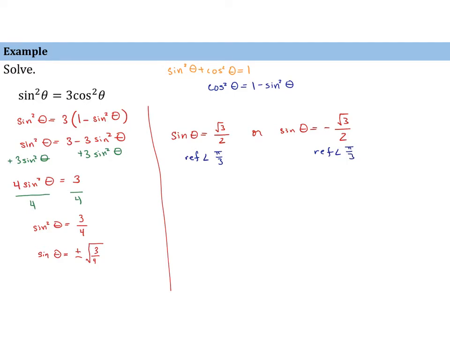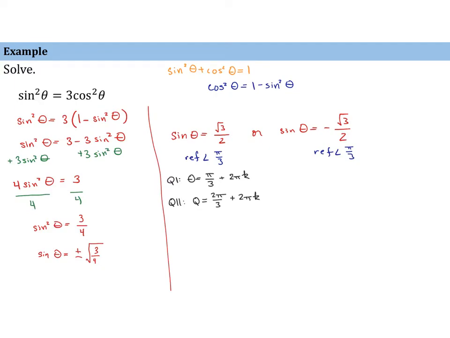So in the first quadrant, we have theta equals pi/3, and then to obtain more angles in the first quadrant, we could add 2 pi k. And then in the second quadrant, our angle in the second quadrant would be 2 pi/3, but then we can have any coterminal angle also.